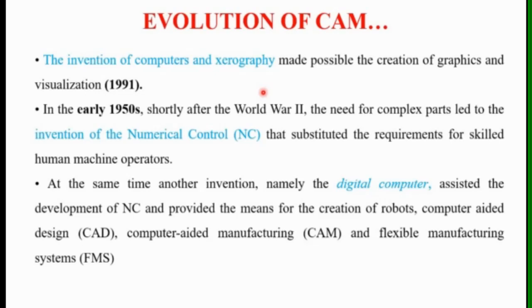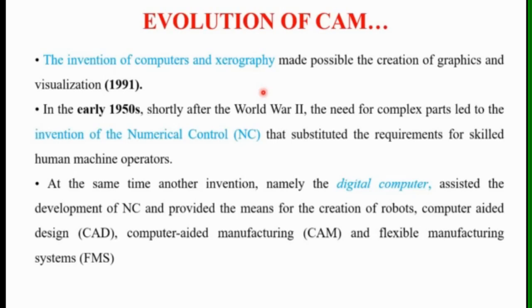Then early in the 1950s, shortly after World War II, the need for complex parts led to the invention of numerical control, which substituted for the requirement of skilled human machine operators. Computer-aided manufacturing needs this kind of machine, and these machines were developed early in the 1950s.